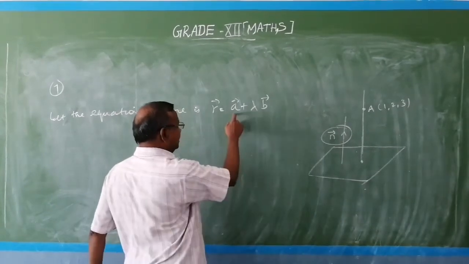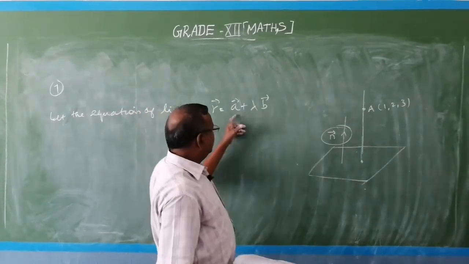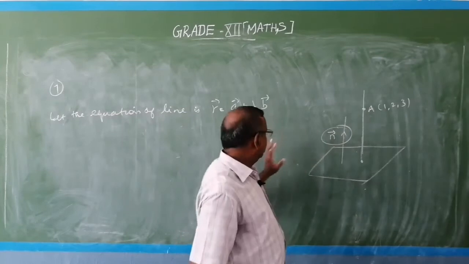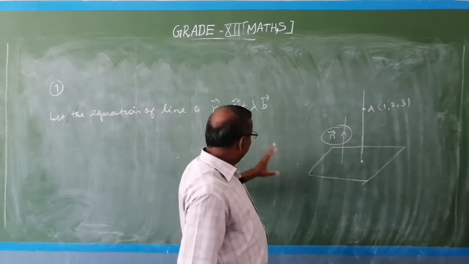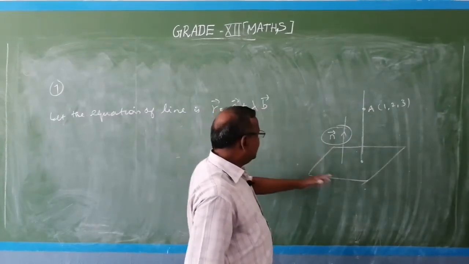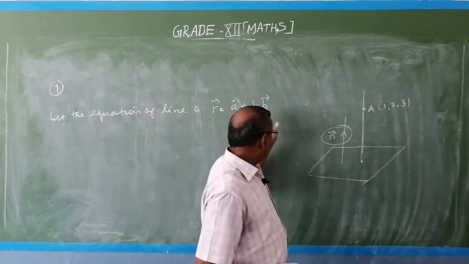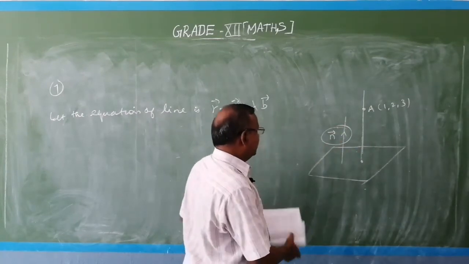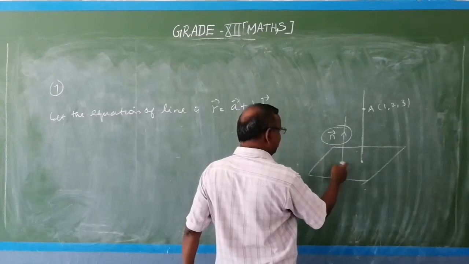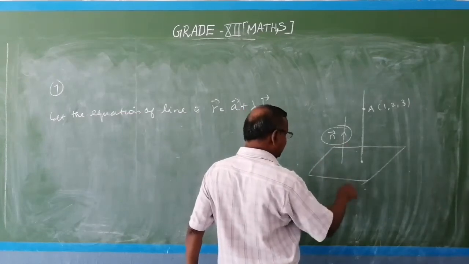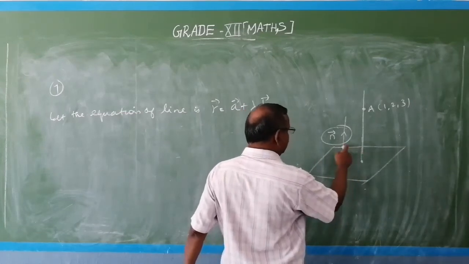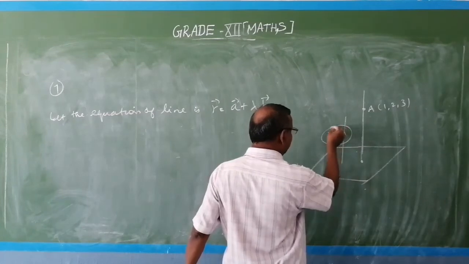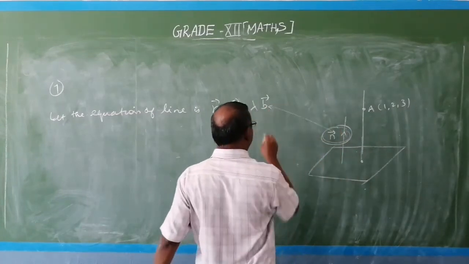A vector is the position vector of the point through which the line passes. B vector is the vector to which the line is parallel. Since n vector is perpendicular to the plane and our line is also perpendicular to the plane, these two are parallel, therefore the n vector here is the B vector.